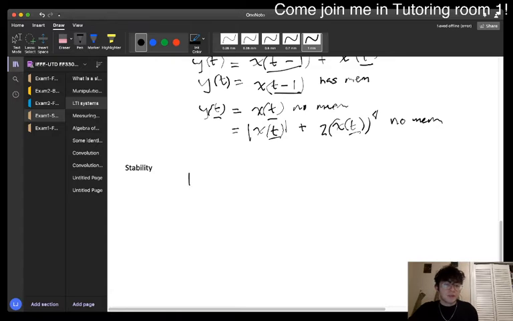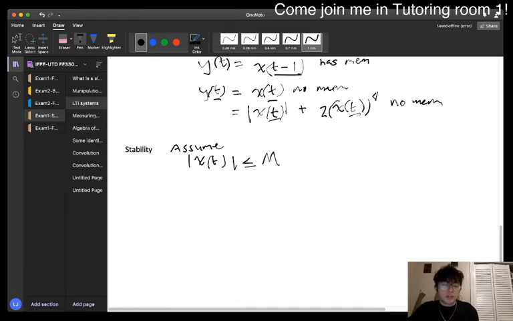If we have x of t, assume that the absolute value of x of t is less than or equal to some max, I'm going to say m, then this should imply that, hopefully it does imply that, y of t is also less than some other bound.